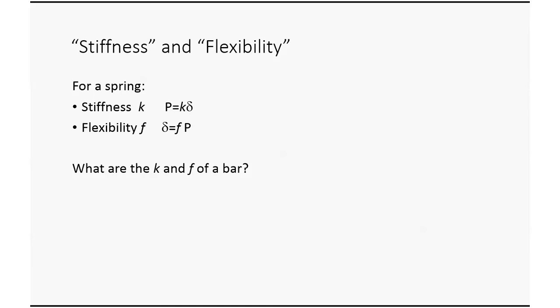Okay, so the next thing is from this equation, can I say a bar or a rod is a spring? Is a bar equivalent to a spring? I would say yes.